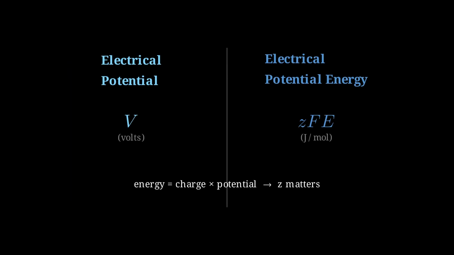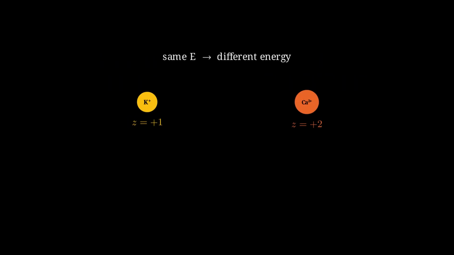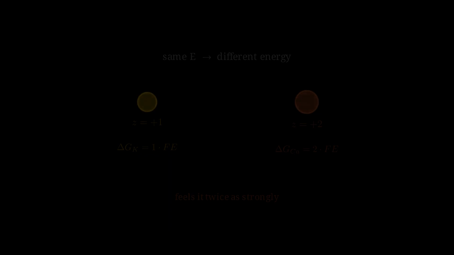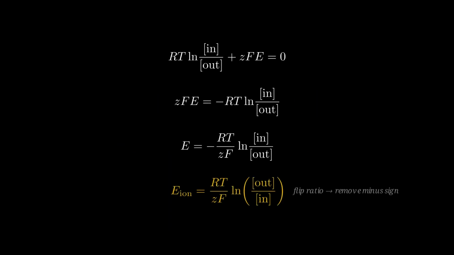Also important is that the electrical potential energy and the electrical potential are not the same thing. The energy depends on both the voltage and the charge, which is why Z appears in the equation. For example, a calcium ion with valence of 2 feels the same voltage twice as strongly as potassium with valence of 1. So, at the equilibrium, the two energies cancel out.